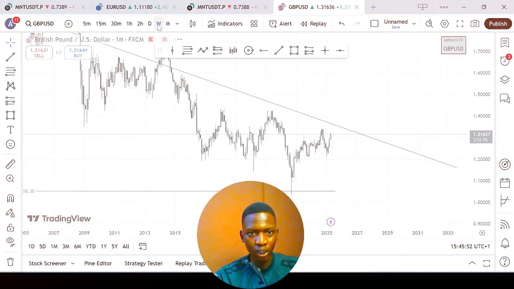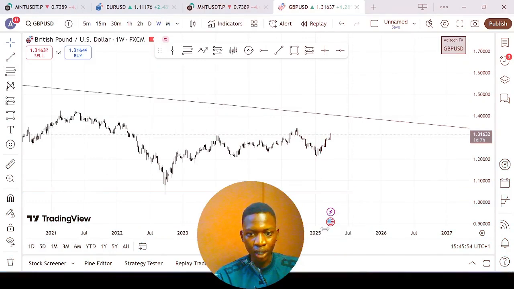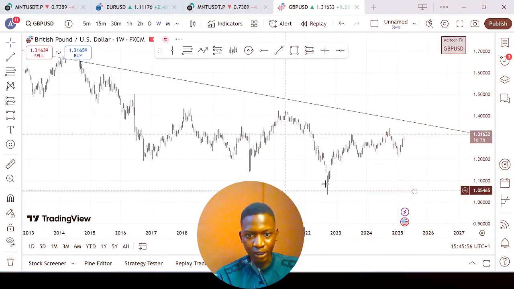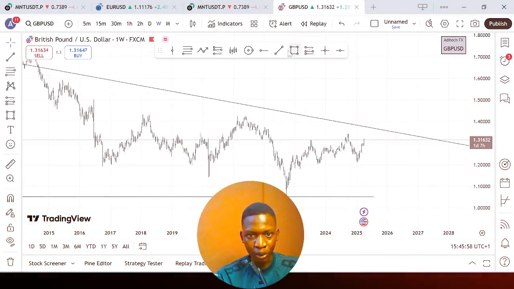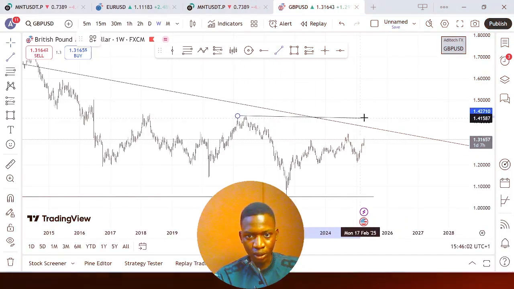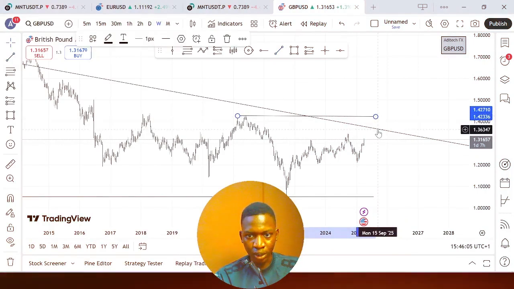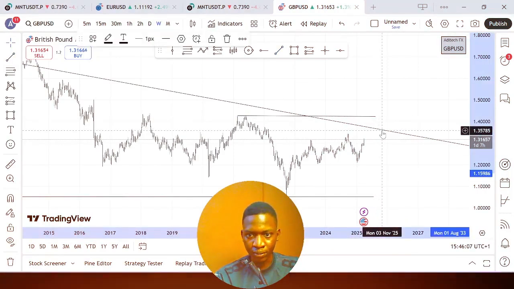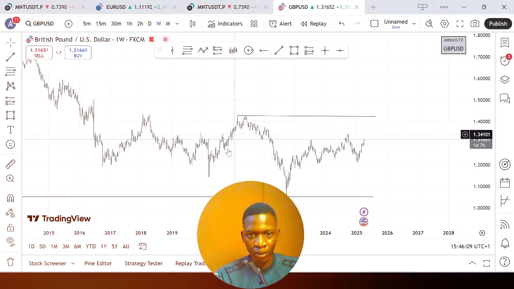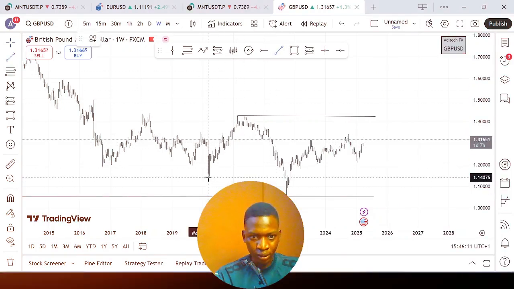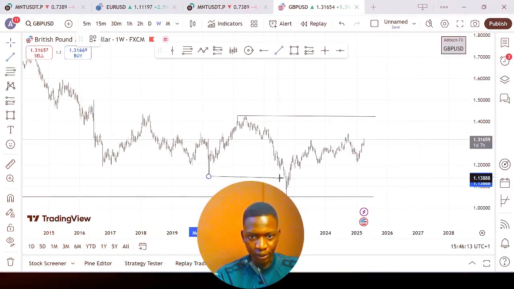So switching to the weekly time frame. Now on the weekly time frame, after a sell side liquidity, we should be expecting a market structure shift or a change of character. So let me delete this trend line, and we have this.